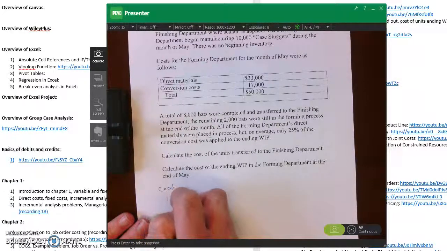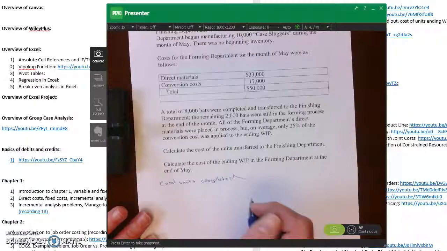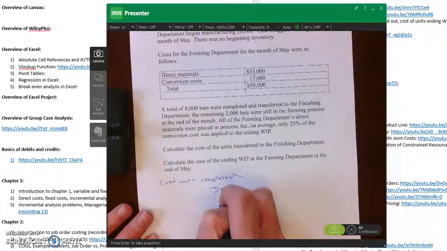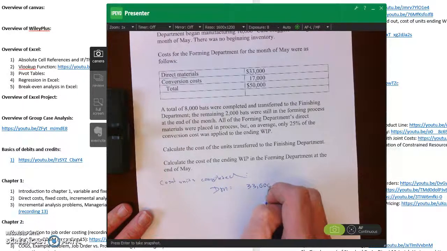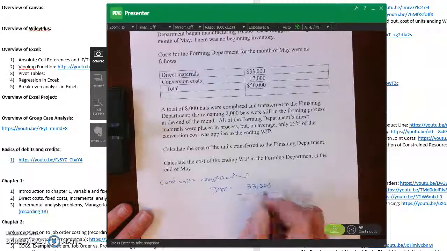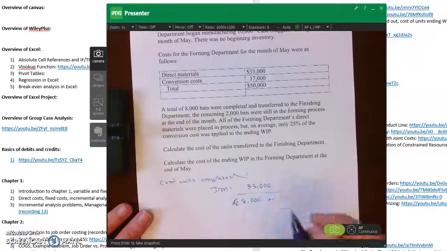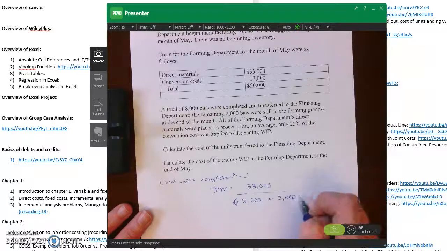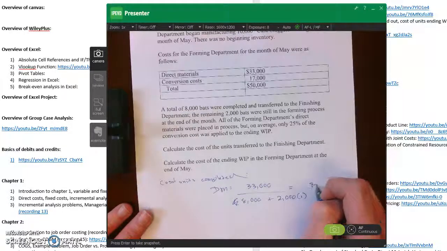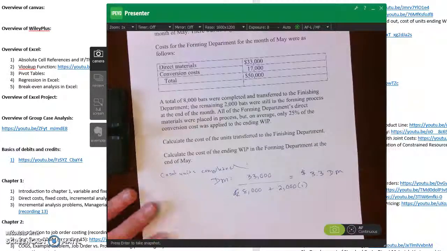So cost units completed. Remember, I'm going to do this separately for materials, for direct materials, and for conversion. So with my DM, I'm going to take my 33,000 cost, right up here, divided by 8,000 units completed, plus I have the 2,000 units, and those were 100% complete. Okay? What I'm doing here now is I'm calculating out my cost per unit. So $3.30 average cost per unit for materials.